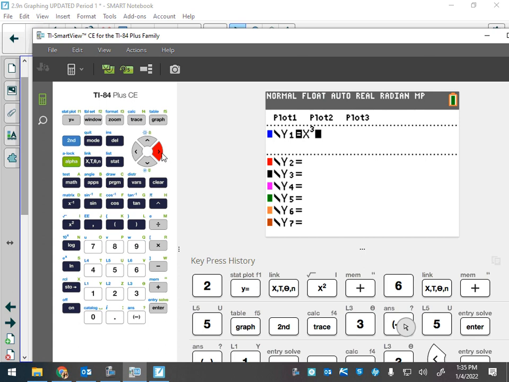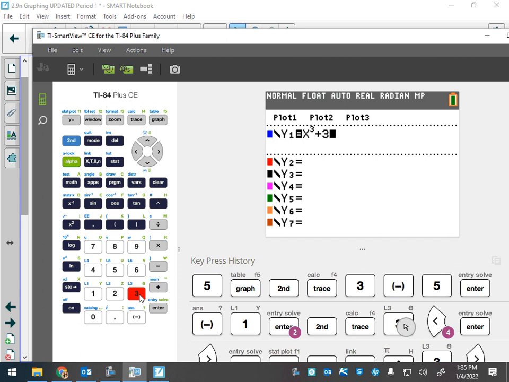Then you have plus 3x squared minus x minus 3. Okay, everyone okay? Then press graph.